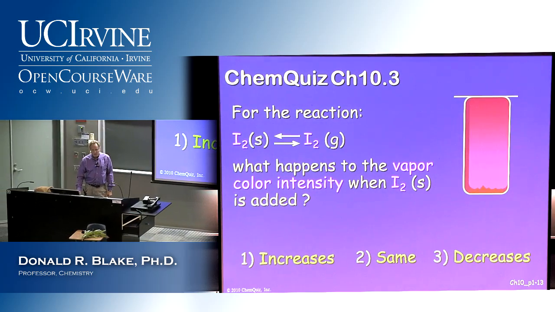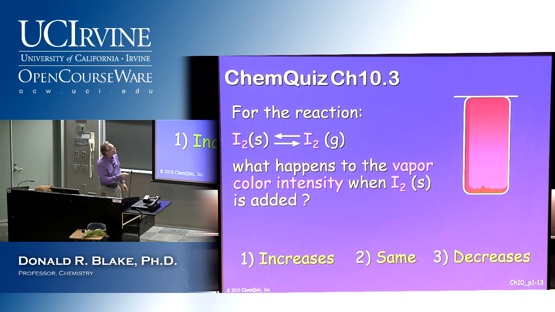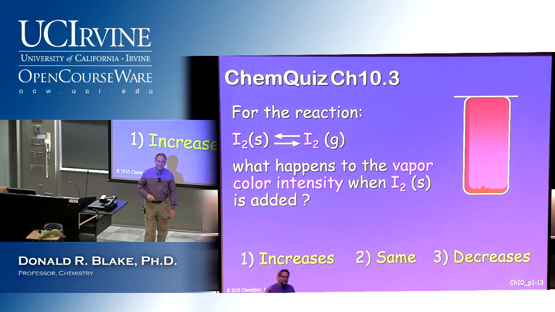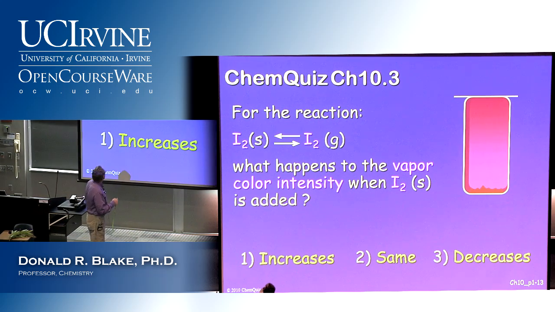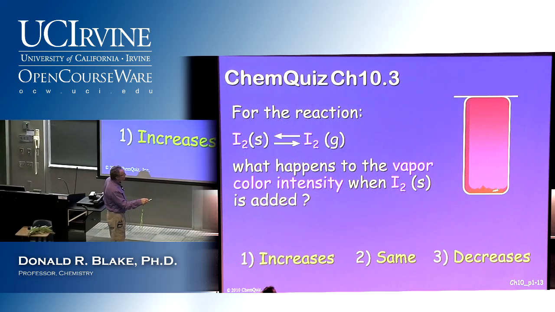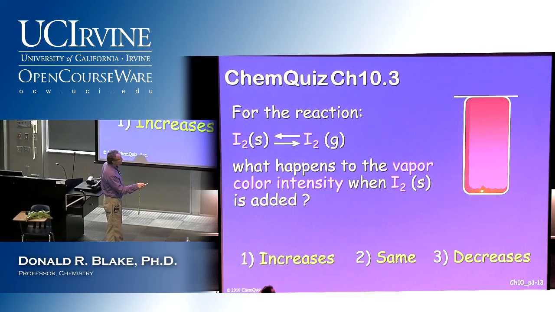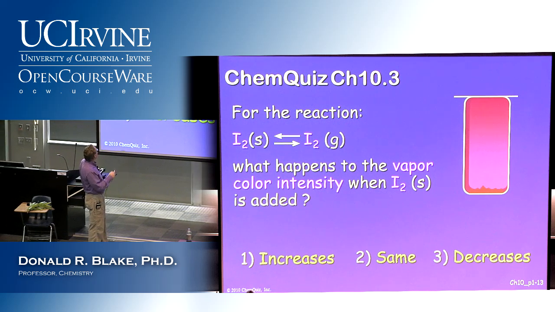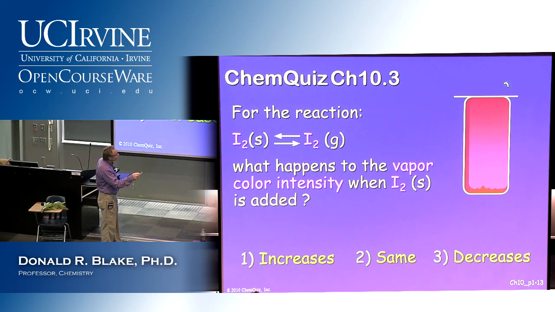So here's just a couple of cartoons. For the reaction, iodine solid goes to iodine gas, what happens to the vapor color intensity? That's sort of the color of iodine gas, I2. When you add more to this little pile of iodine here, what happens? Is the color going to get deeper purple?